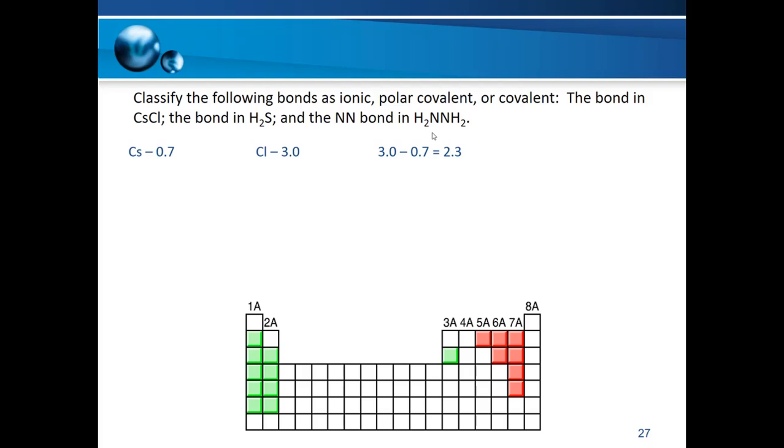So 3 minus 0.7, you get 2.3. So the value is more than 2, so ionic. Hydrogen is 2.1, S is 2.5, the value is 0.4, so polar covalent. When nitrogen is 3 and the other is 3, the difference is 0, so non-polar covalent.